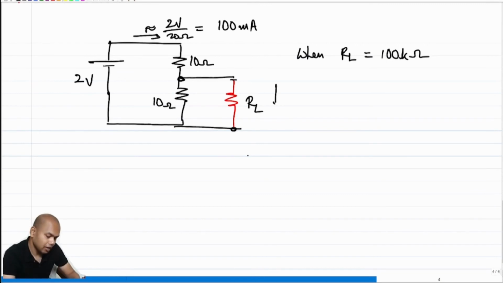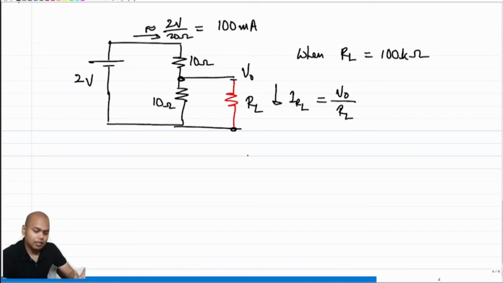So what is IRL? IRL is equal to V0 over RL, and V0 is approximately equal to 1 volt, right? That's what we designed it for. So essentially this is 1 volt by RL, and since RL varies from 100 ohms to 100 kilo ohms, IRL varies between two values.